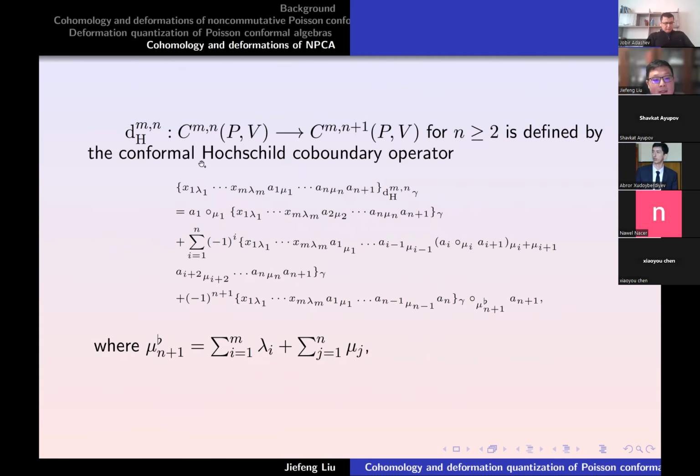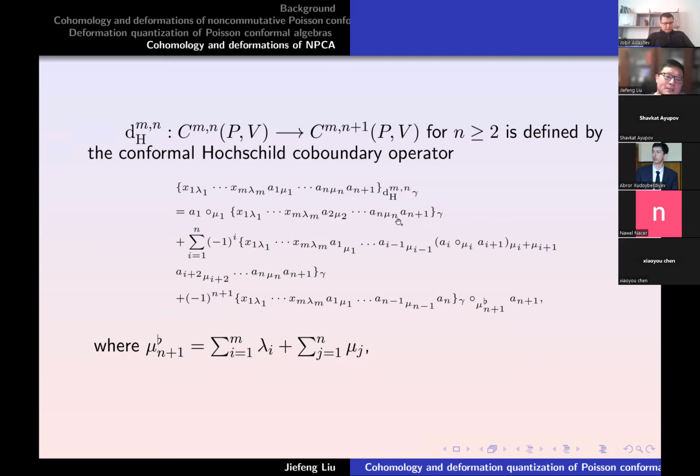The following is the vertical direction. For n is greater than or equal to 2, it is defined by the conformal Hochschild coboundary operator, given as follows.